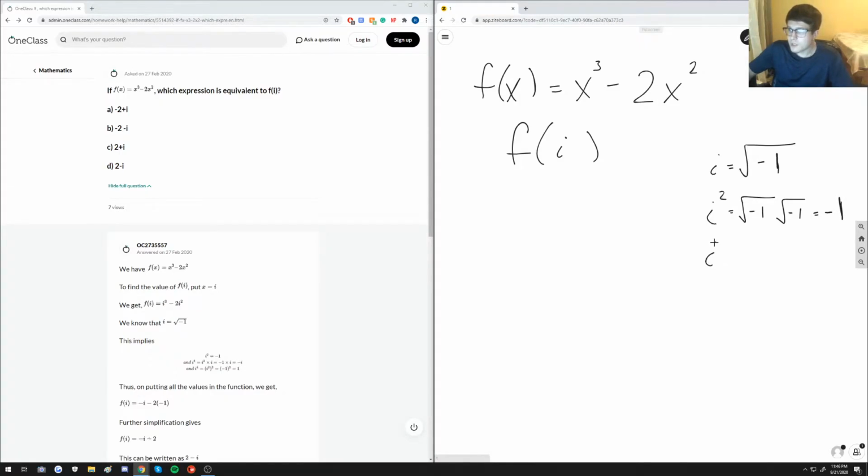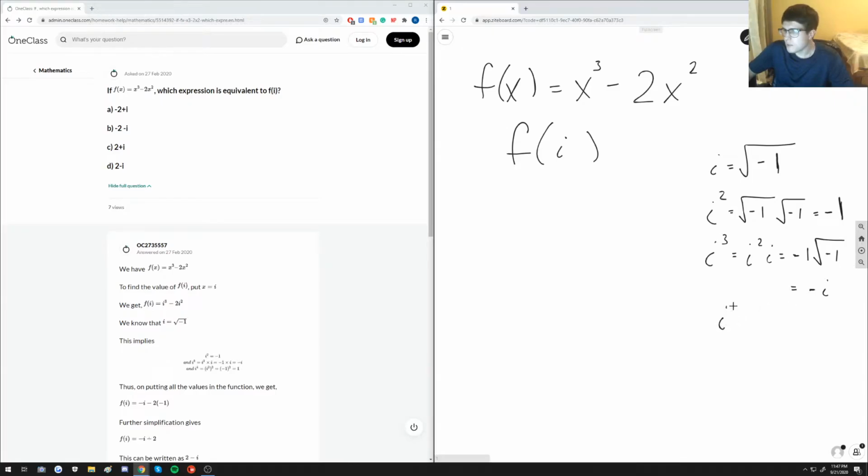And then we can say the same thing about i cubed. It's another property. So i cubed would just be i squared times i, which we already found i squared is, which is -1, and i is just the square root of -1. So in other words, it's just -i, right? That's a more shorthand way of writing it.